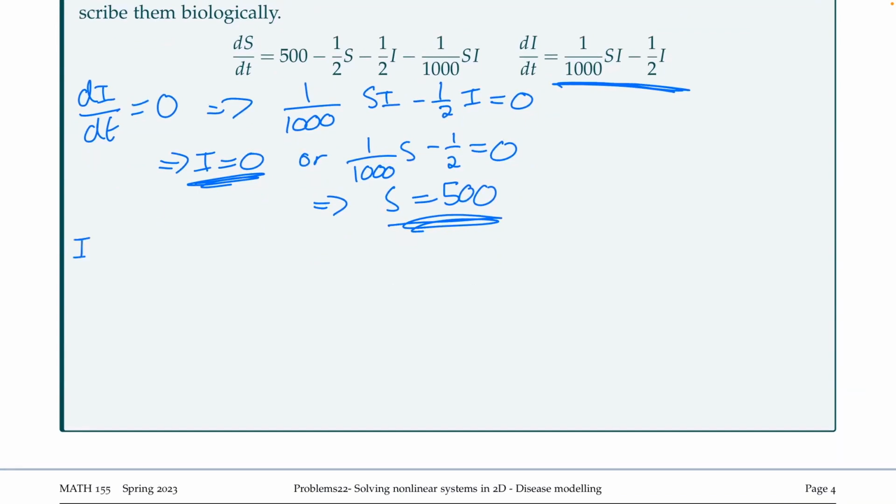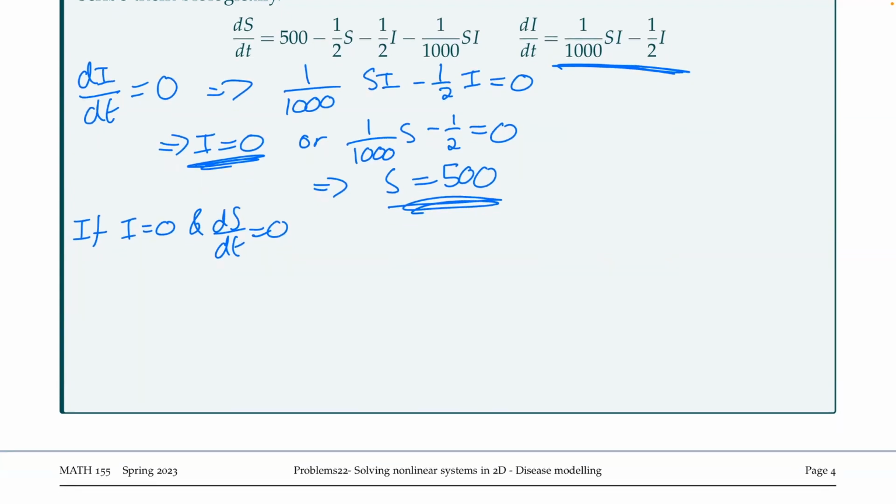Okay, now let's think about what happens if I is equal to 0 and dS/dt is equal to 0. I'm now setting the first equation equal to 0, substituting in I is equal to 0. So in this case, we have 500 minus a half of S minus a half of I, but I is going to be 0, minus 1 over 1,000 S times I, but I is 0, and this is equal to 0.